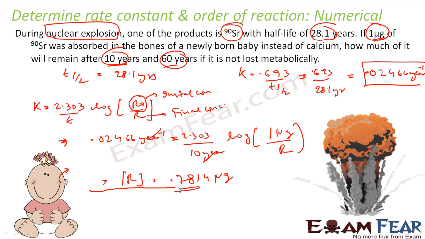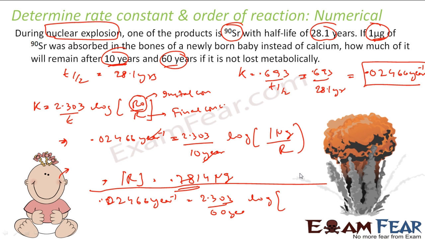Let's try to find the value of 90 Sr in this kid after 60 years, when he is almost about to die in old age. So here again let's put the same formula. K is 0.02466 per year equals 2.303 by T. Here it is 60 years now. Log of initial concentration R naught, 1 milligram, by final concentration.